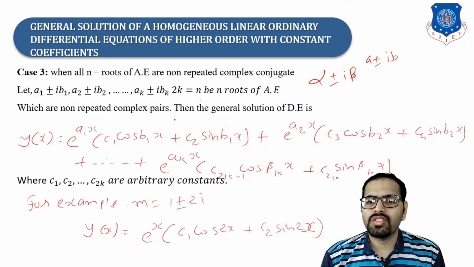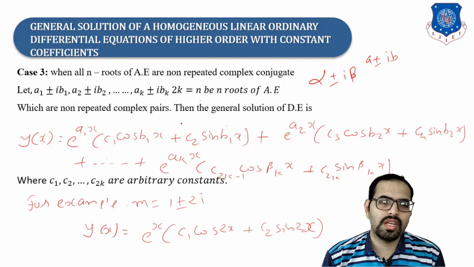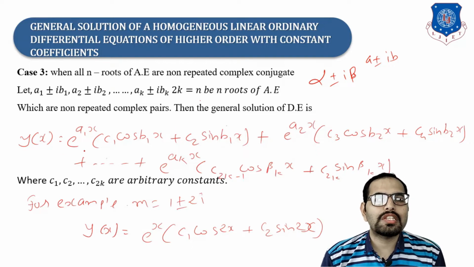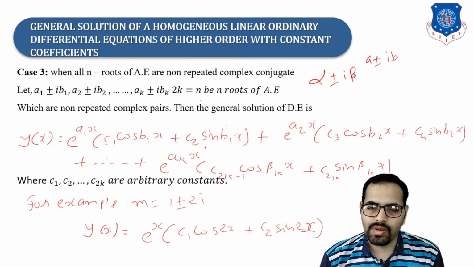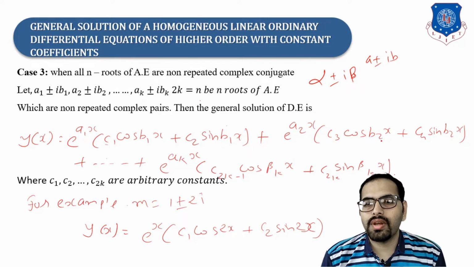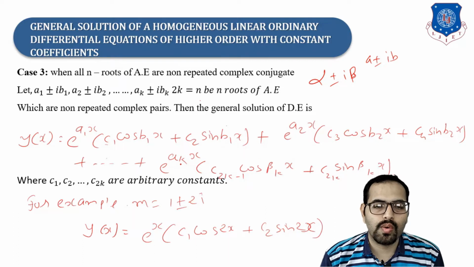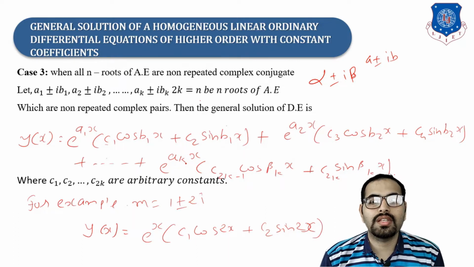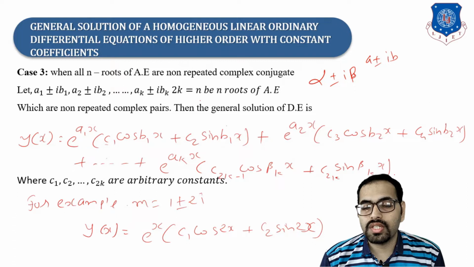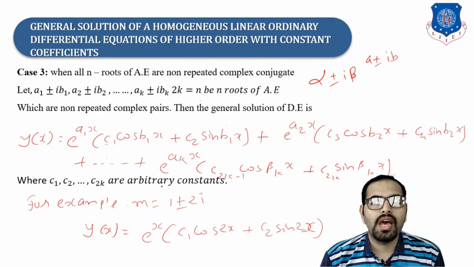Then the general solution of the given differential equation is y(x) equals e raised to a1x (c1 cos b1x plus c2 sin b1x) plus e raised to a2x (c3 cos b2x plus c4 sin b2x) and so on, plus e raised to akx (c(2k-1) cos bkx plus c(2k) sin bkx), where c1, c2, c3, c4 and so on are arbitrary constants.